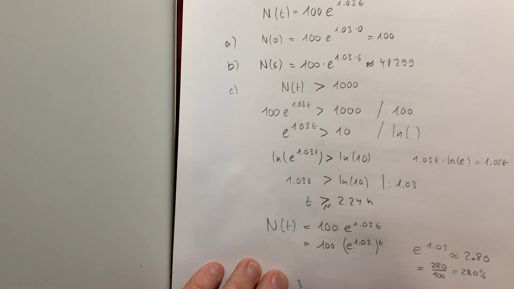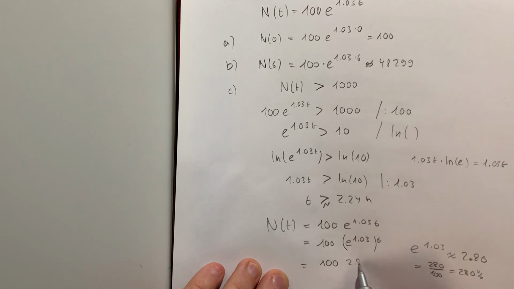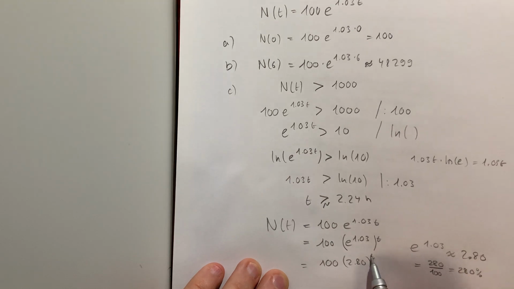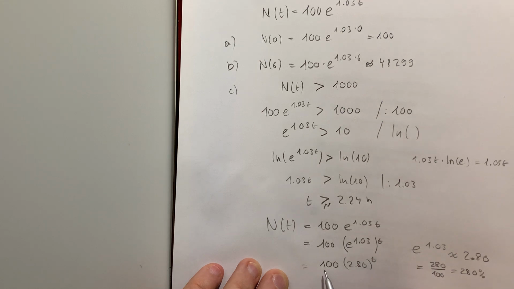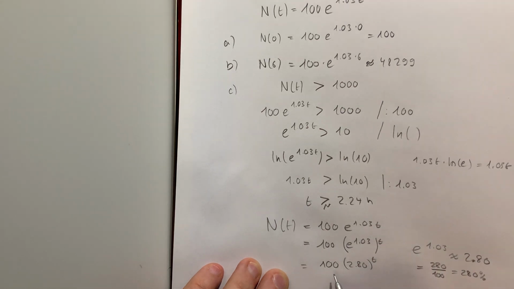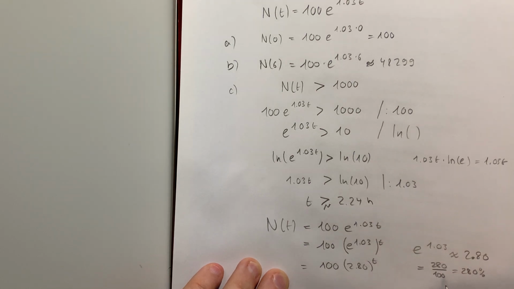And what does that mean? You could write it like this: 100 times 2.80 to the t. It means that you start at 100 cells, and after 1 hour you have 280 cells. So you go up to 280%, which means it's an hourly increase of 180%.